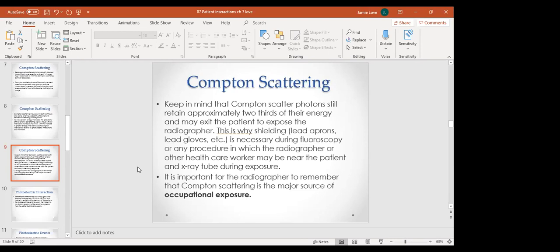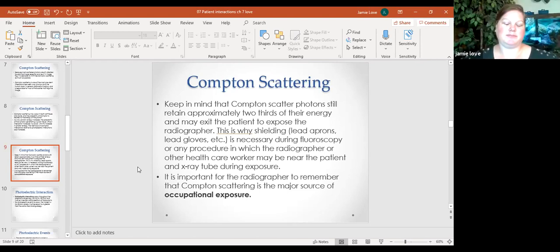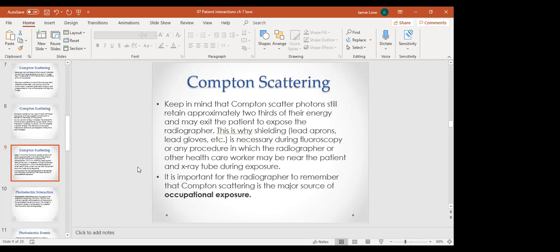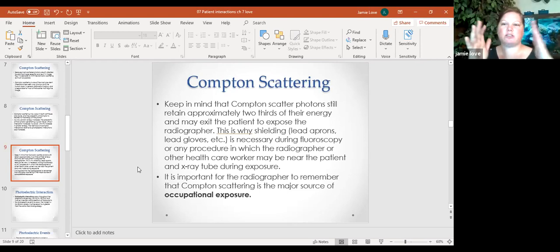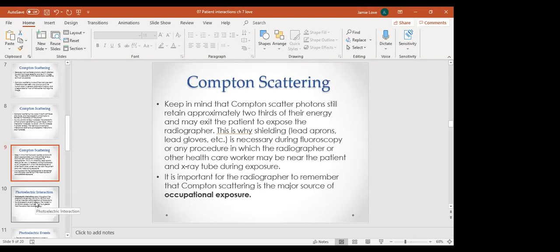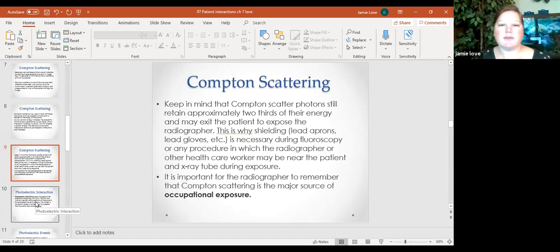Yeah, I'm going to take a picture of it and send it to you. That's not true. If you increase your kVp, you're increasing the average energy, more Compton. Yeah, 100%. So when we go up in kVp, we're making more Compton, we're making more scatter. Higher kVp.